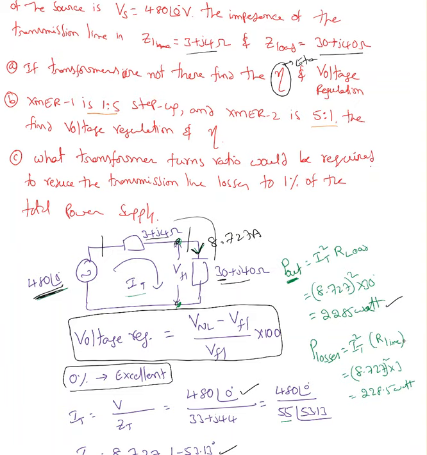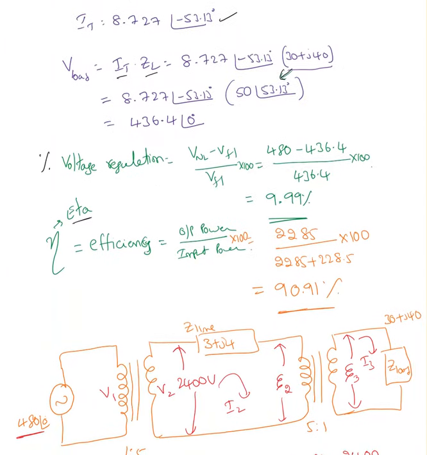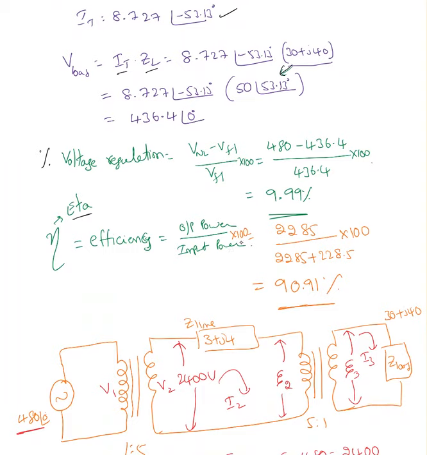And P losses are I total squared times R line, which ends up with 228.5. So efficiency is output power over input power times 100. So 2285 over 2285 plus 228.5, which is output plus losses, times 100. It gives me an efficiency of 90.91%.